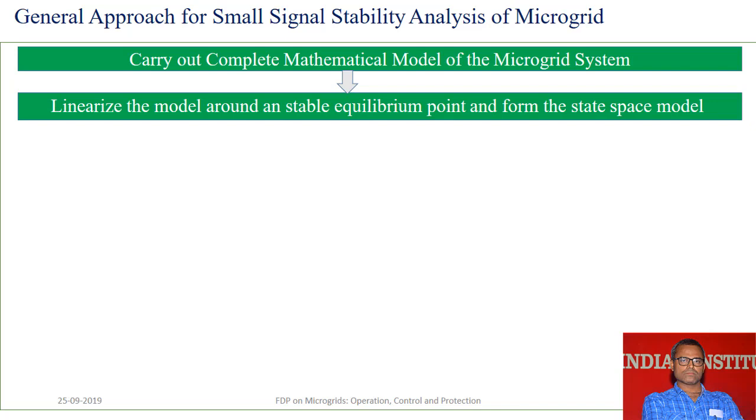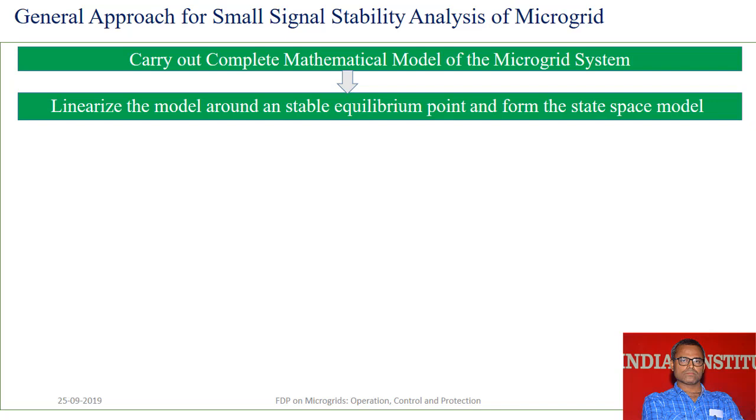Because in small signal stability there is a small change, so the power and flux change looks like linear. Any model, if there is a small perturbation, the characteristics look linear, right?